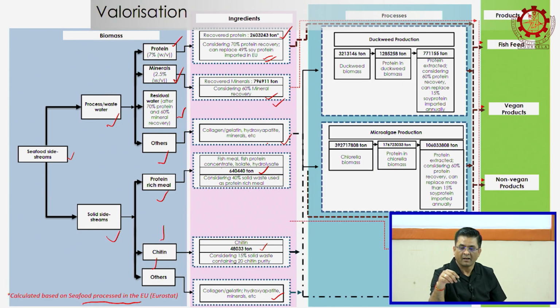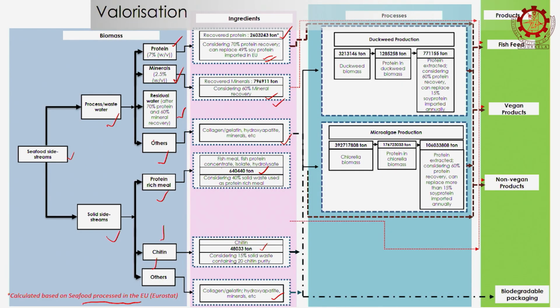Now, if this wastewater, residual water, is used for duckweed production alone, this many tons of biomass you can produce, this many tons of protein, and the protein will have 15% replacement of soya protein, at the same time solving your environmental issues. Yeah.